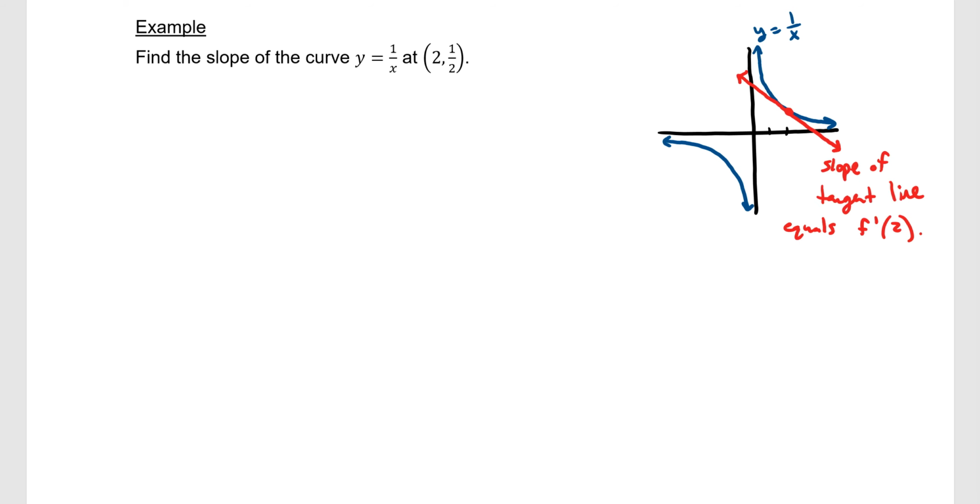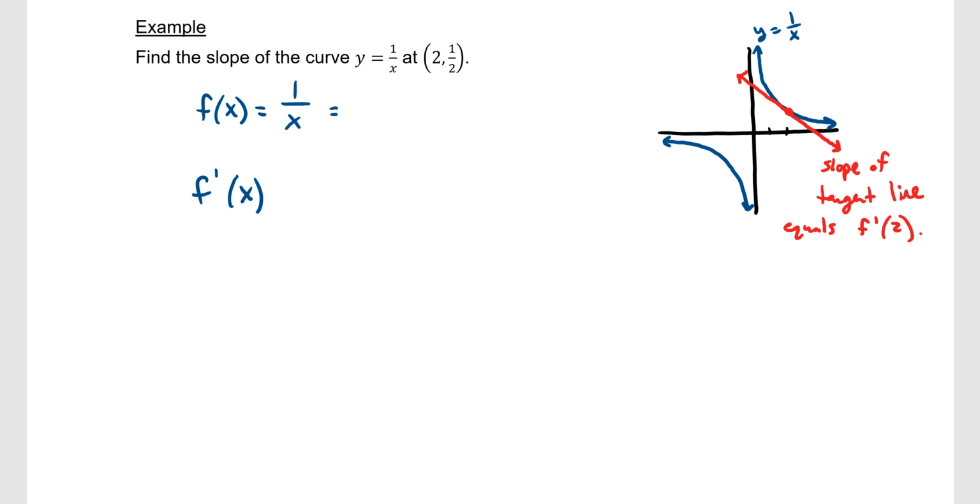And the slope at that point, or the slope of the tangent line, equals f prime of 2, because that's the x value. So let's go ahead and find the derivative. Let's just call this function f of x, 1 over x. So taking the derivative now, let's rewrite this so it resembles a power function, x to the -1.